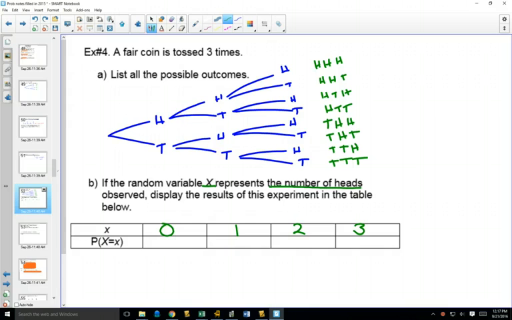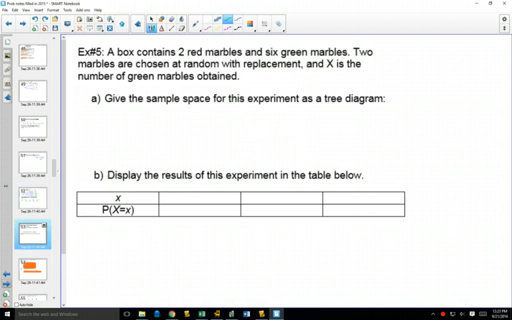And then you look through all your sample space and can fill out the probabilities of each one, which forms a nice pattern, which we'll look at in more detail later.